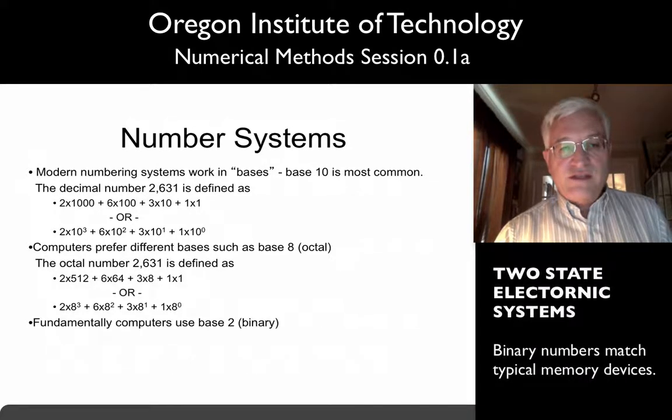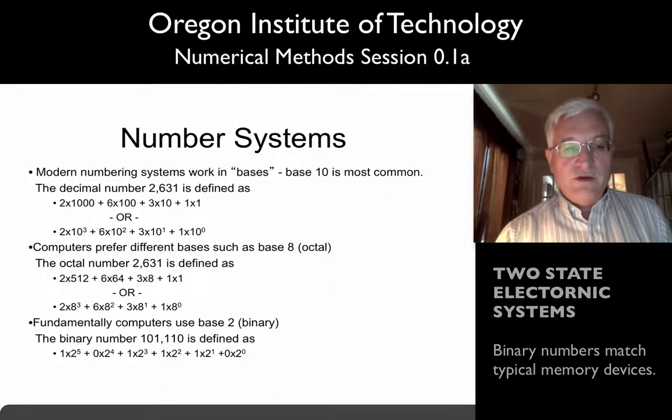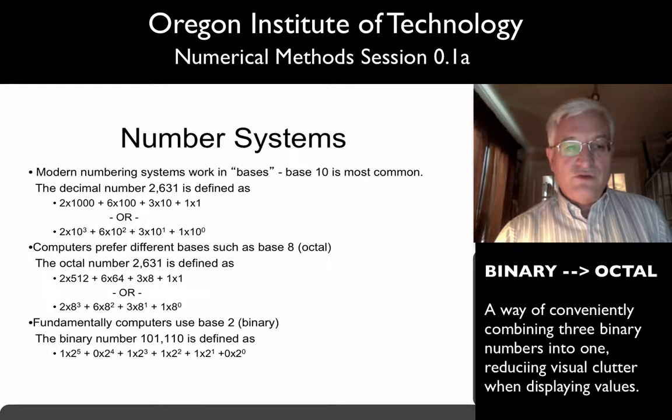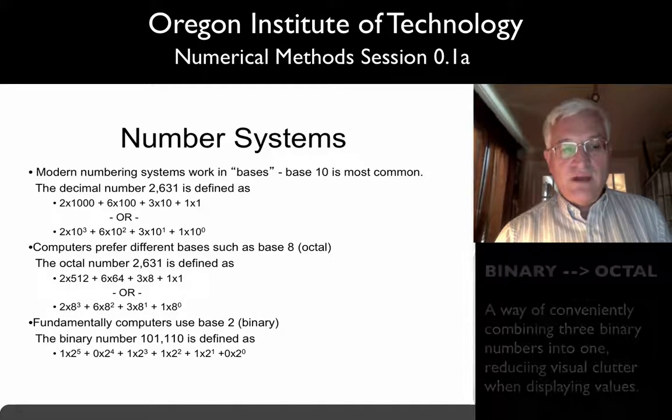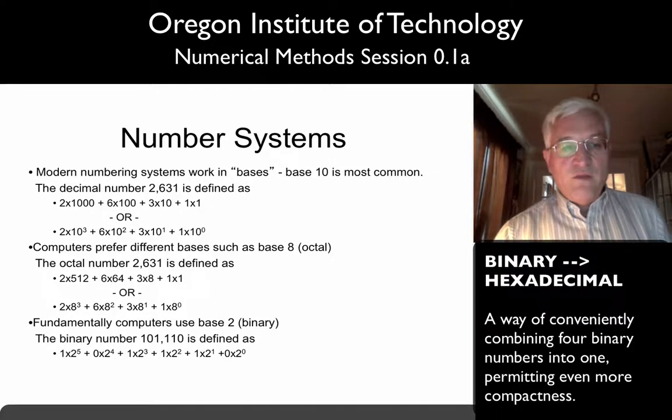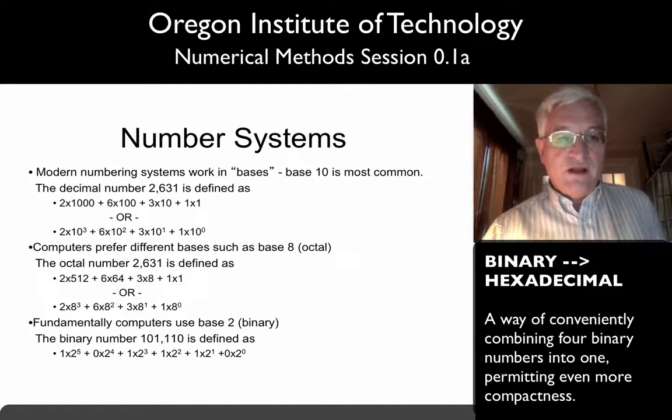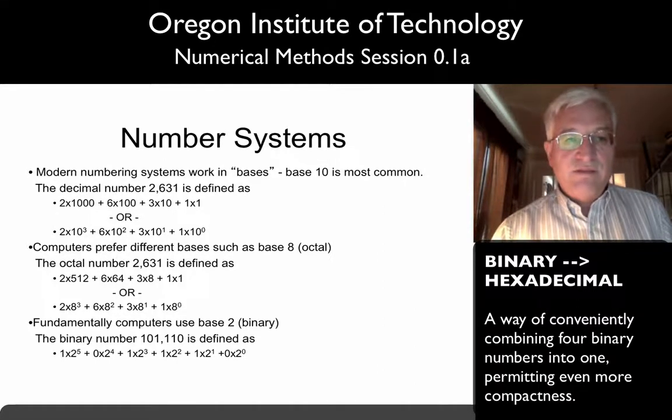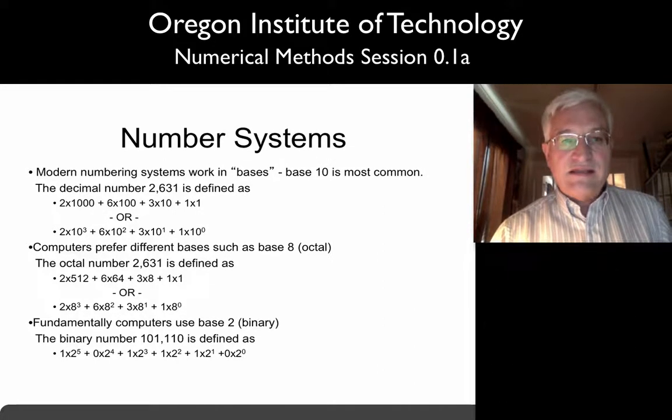Or we could go to base 2, the way a computer would like to think, and we could do the same thing. We could break this into groups of 2 and write, as you see here, the 101, 110 in terms of these summations of powers of 2. Now, one thing you should notice, as we've just developed these 3 examples, is in base 10, we need exactly 10 symbols from 0 to 9.